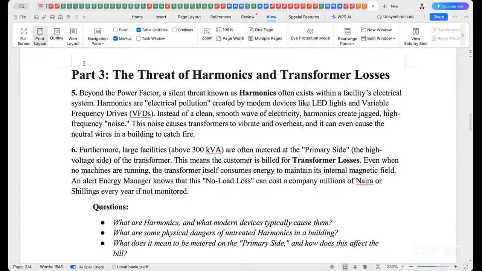Let's get hands. I need other hands also. Yes, Kali, I see you, but other hands also. Okay, I think it's showing part 3, so we end on part 4. But let us take this question. What does it mean to be metered on the primary side? Okay, Sulaiman.